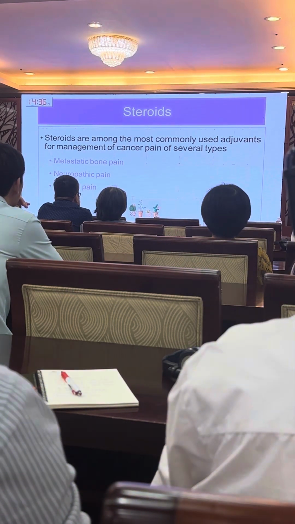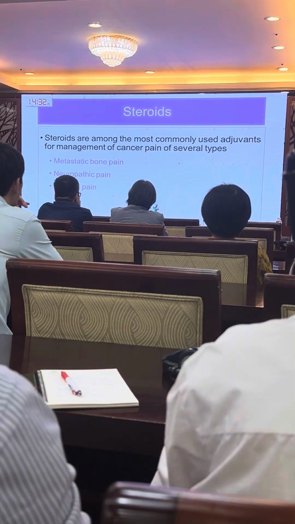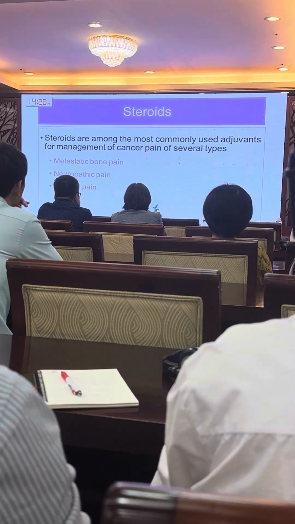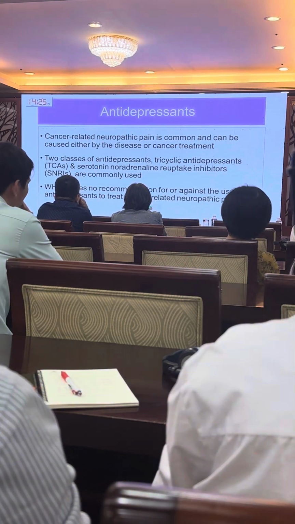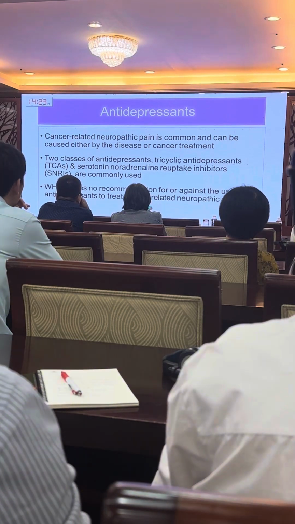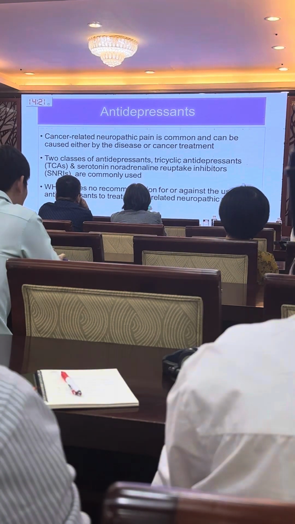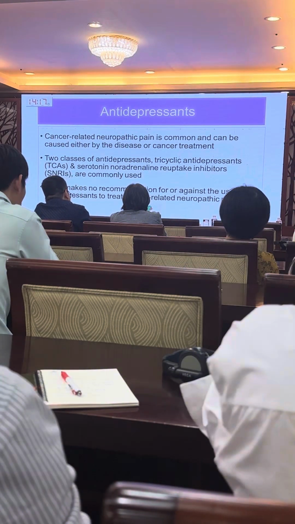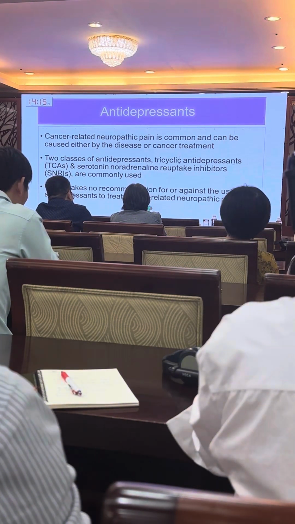Steroids are among the most commonly used adjuvants for management of cancer pains of several types, including metastatic bone pain and visceral pain. For the antidepressants, WHO makes no recommendation for or against the use of antidepressants to treat cancer-related neuropathic pain.